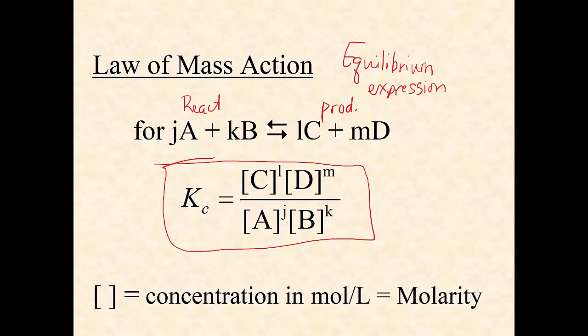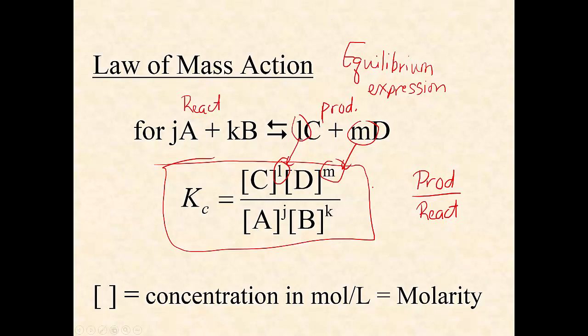Remember, reactants are on the left side of the arrow, products on the right, so it's always, always, always products over reactants. And coefficients become exponents. This is where it's different than in kinetics, because in kinetics you couldn't use the balanced equation.